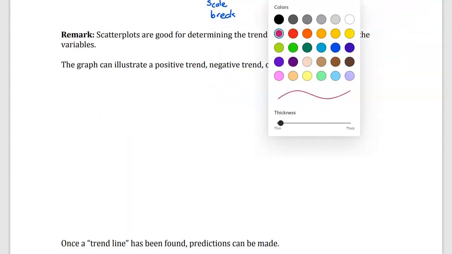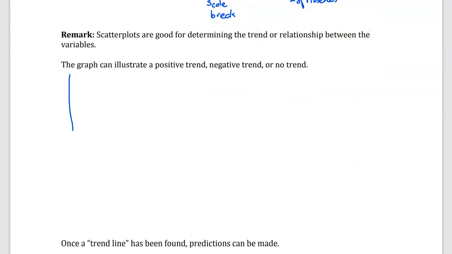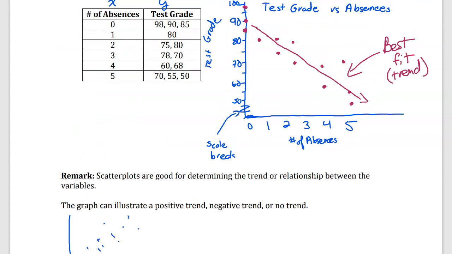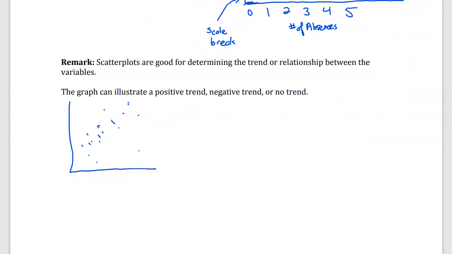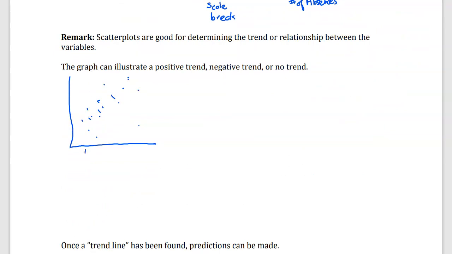Something that would have a positive trend would be a scatter plot that kind of looked something like this. You could draw a line here. Now, does that mean that every dot is going to be along that line? Absolutely not. Just like our absences, not every dot's along that best fit line there either. So this would be a positive trend.